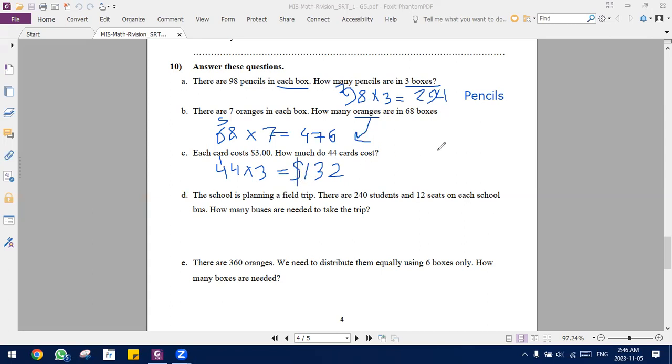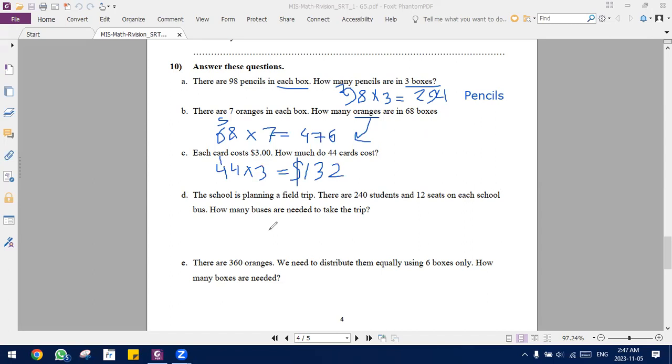Now, the school is planning for a field trip. There are 240 students and 12 seats in each school bus. 240 students, we need to divide them into buses, and each bus has the capacity of 12. Now they said, how many buses are needed to take the trip?